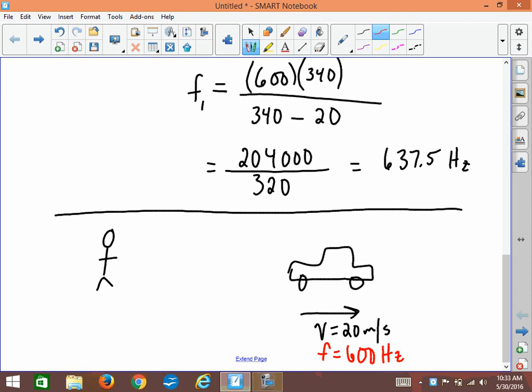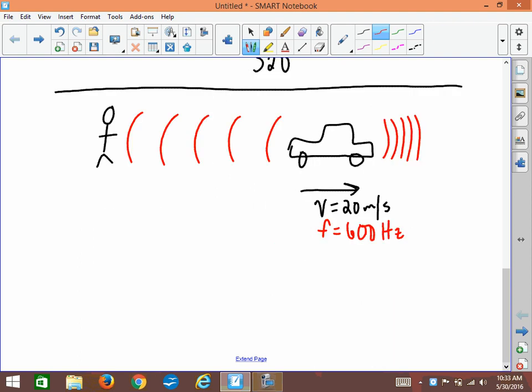But because it's moving away from you, the sound waves behind the car are stretched out. So you will hear a different sound again. This time, you will hear a sound that is lower in frequency.